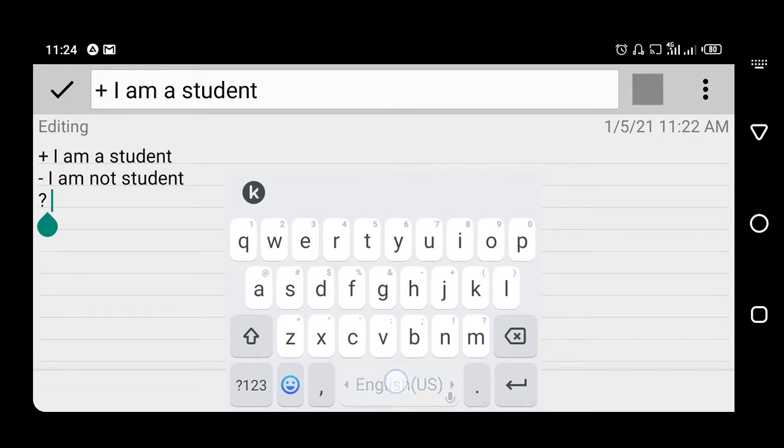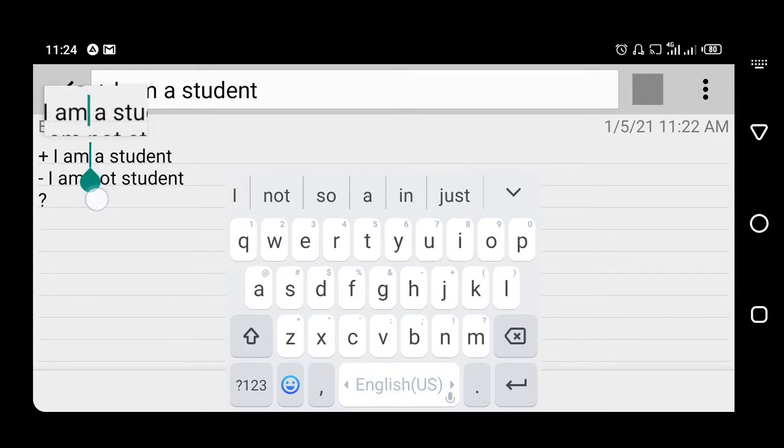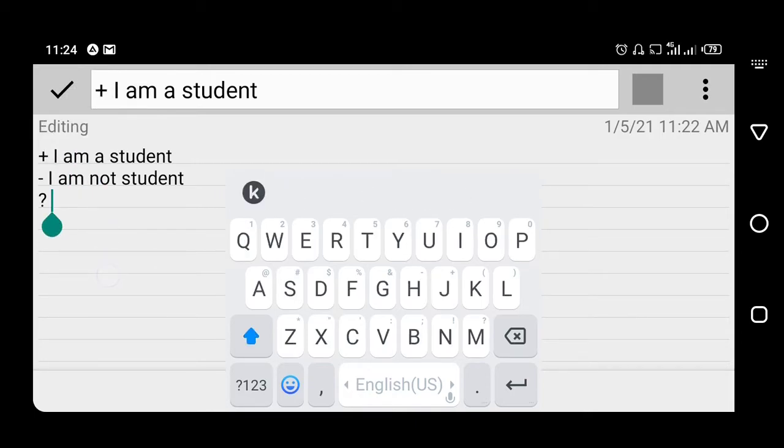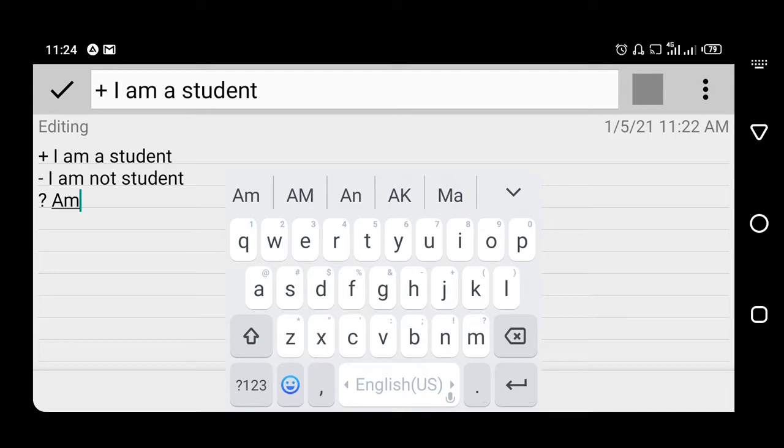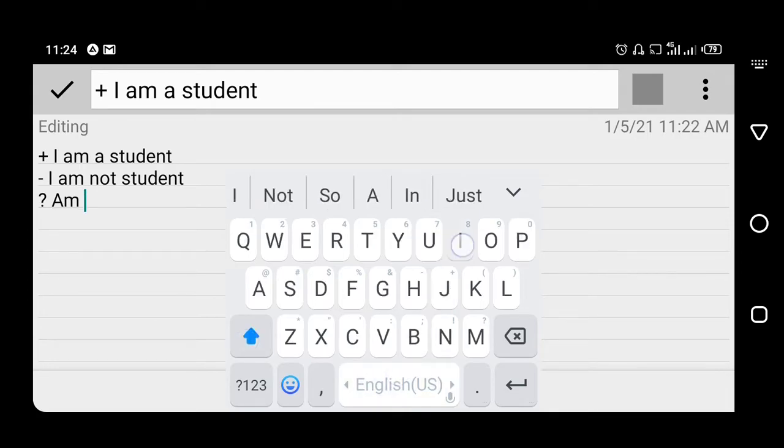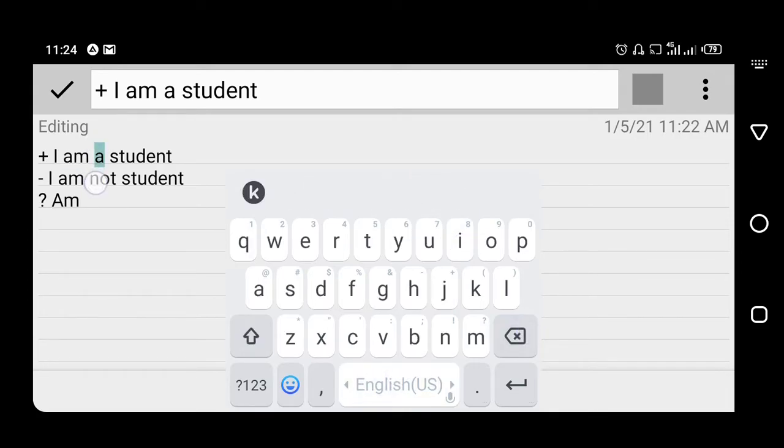Jadi bagaimana bikin kalimat ininya? Pertanyaannya simple. Kalian ambil be-nya yang di sini ini. Am. And then I, ininya di depan, am-nya di depan ini, and then tulis lagi: am I a student.